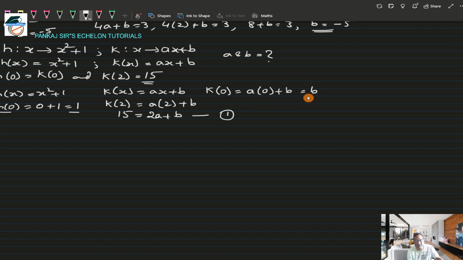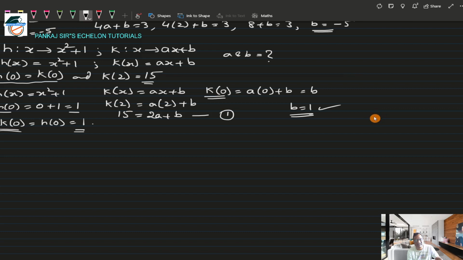So k of 0 is equal to b, but k of 0 is equal to h of 0, and h of 0 we have found out to be 1. So can I write k of 0 is equal to 1? So ultimately I'll get b equal to 1.